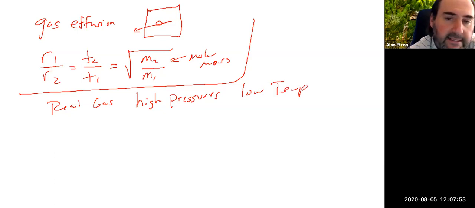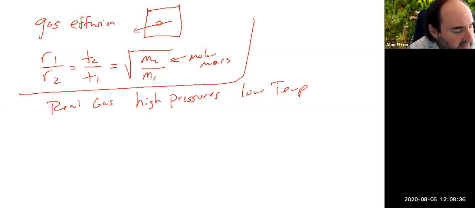At high pressures, the volume has got to be pretty small, which means those gas molecules are really close to each other, so they're going to have to interact with each other. In addition, if we also have low temperature, they're going to be moving slower, which means they're in contact with each other for a much longer period of time than if they were moving around really fast.